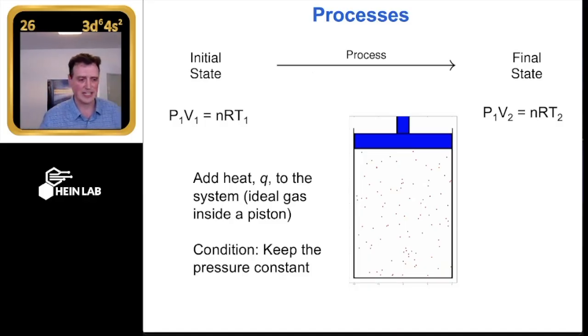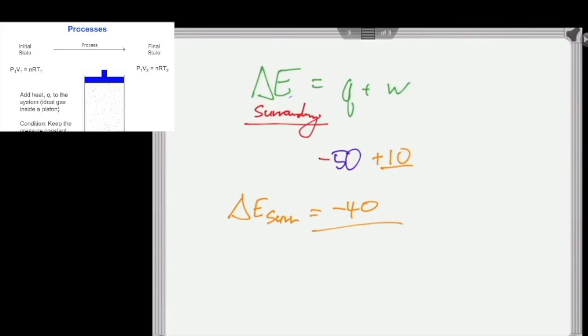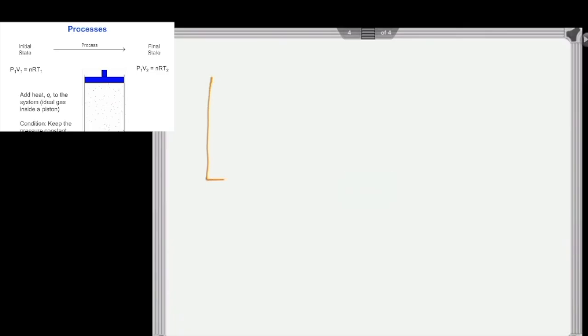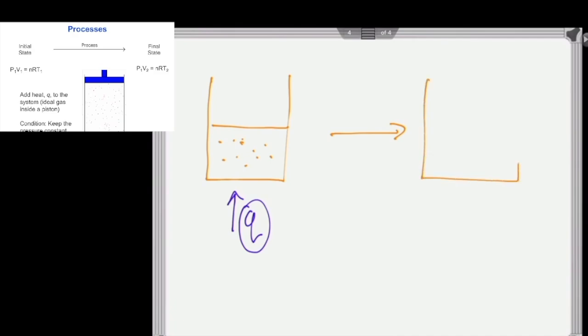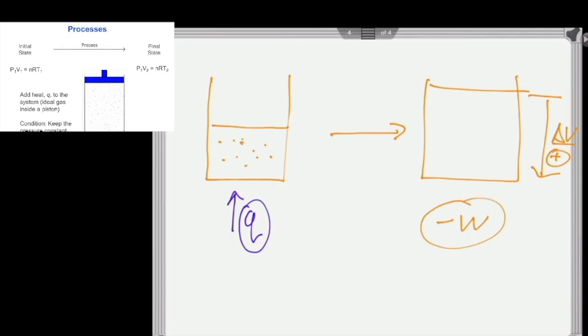So let me write that one down. We've just defined a case. I've got my piston. It's got some gas inside it. I do my process, and I'm going to add Q, a positive value. As that happens, I'm going to go to my final state. My delta V is positive, which means work is negative for this overall process.